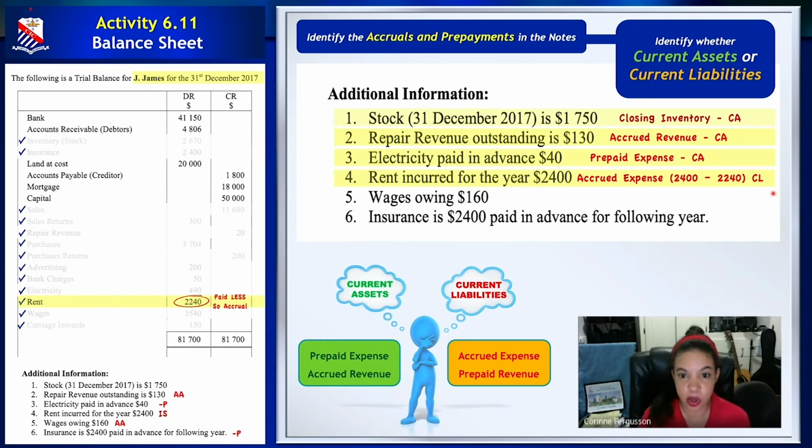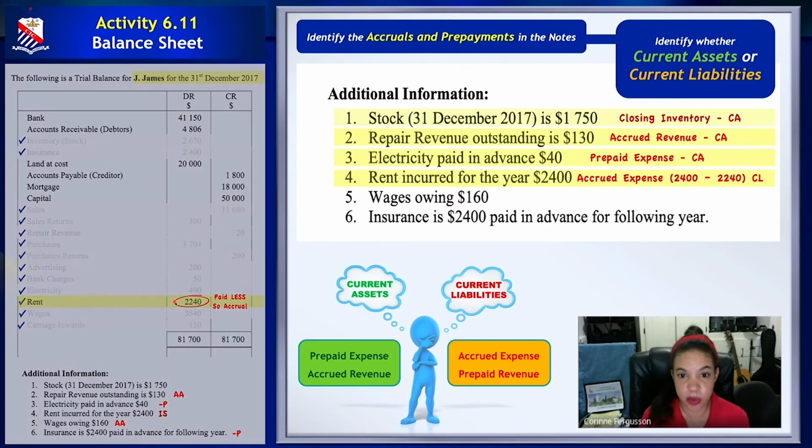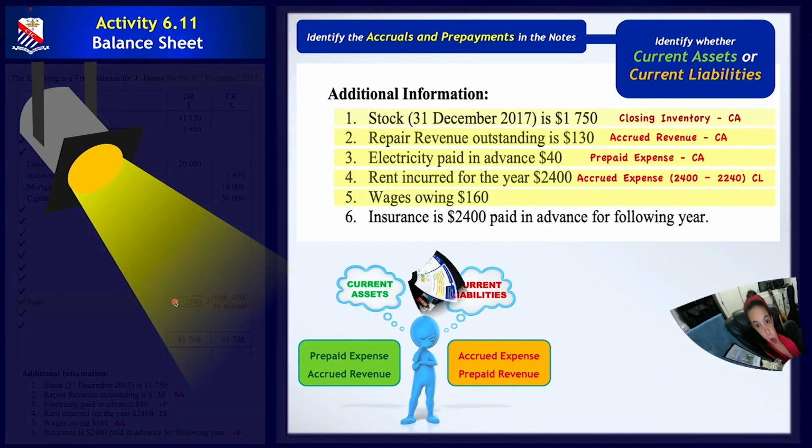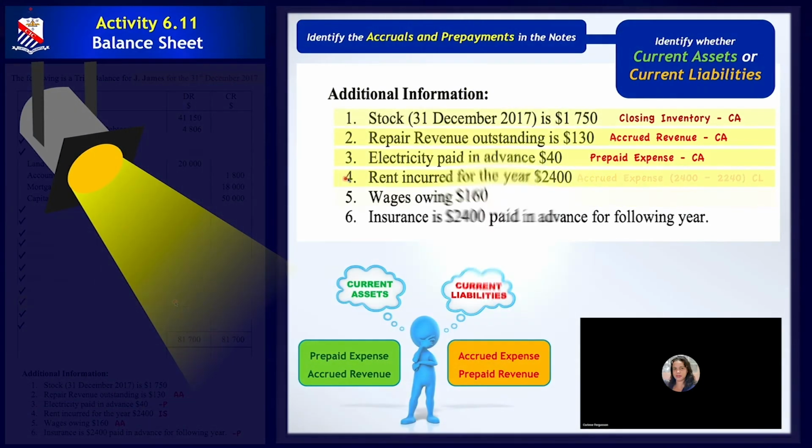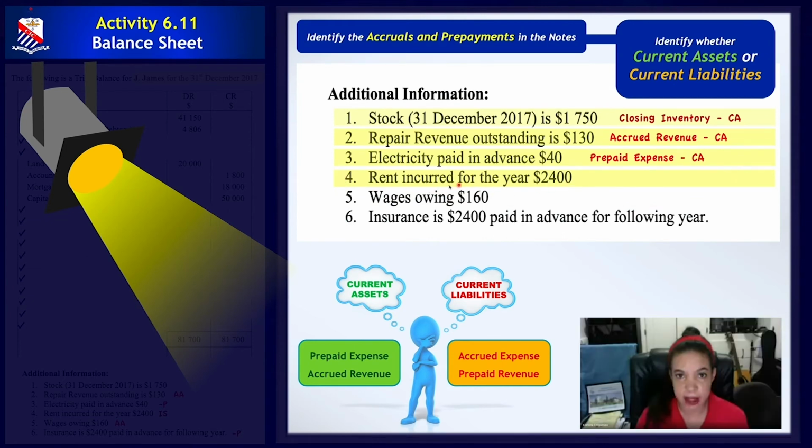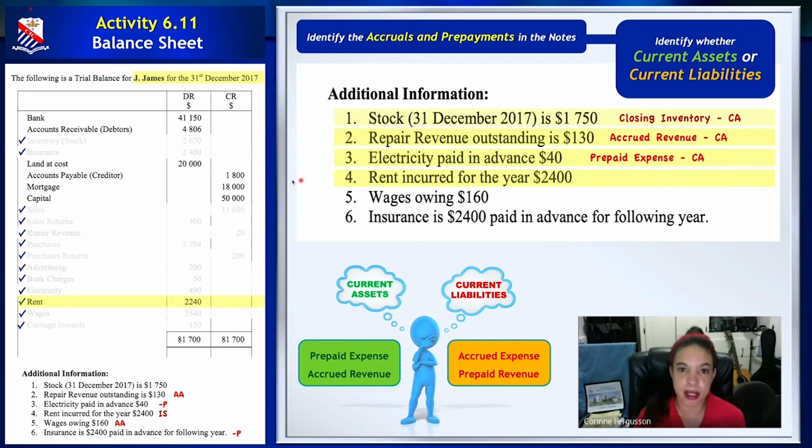Okay, so I hope that one was clear. In most cases, you just go into the notes. But in some cases, like in this one, you would have to go back into the trial balance to compare the amount incurred with the amount paid. And then you will know whether it's an accrual or a prepayment. If you paid less, it's an accrual because you're still owing.